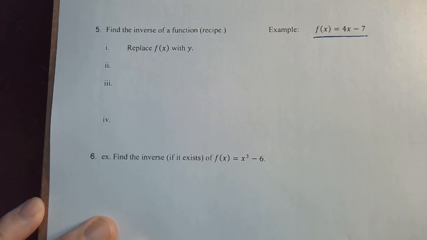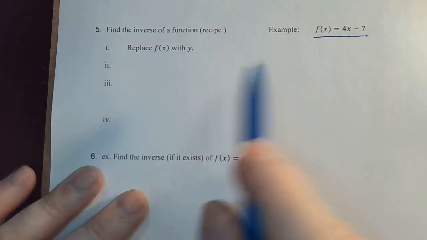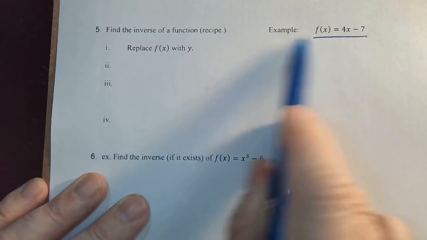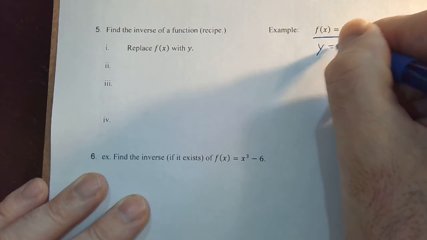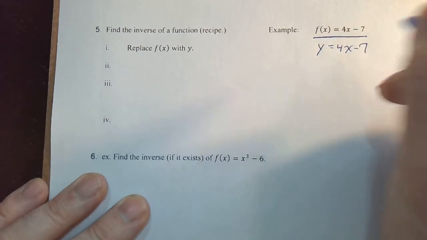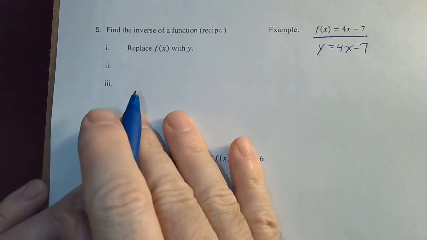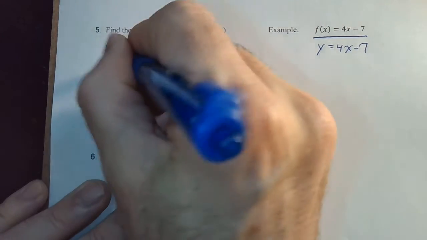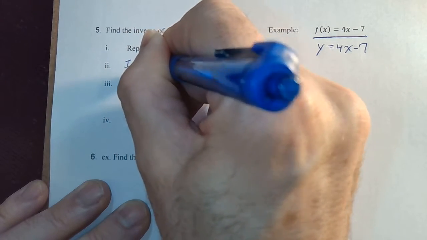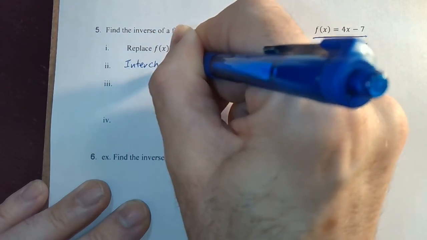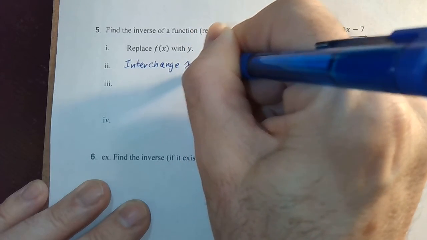The first step: replace f of x with y. Very simple. y equals 4x minus 7. Step 2, also very simple: interchange or swap x and y.